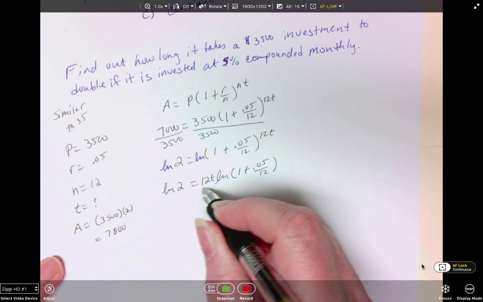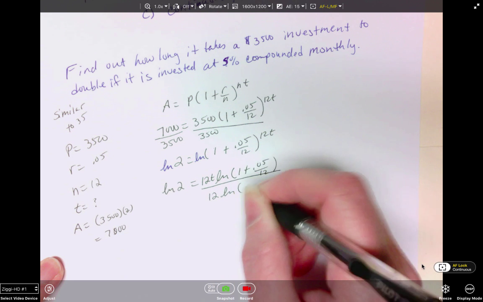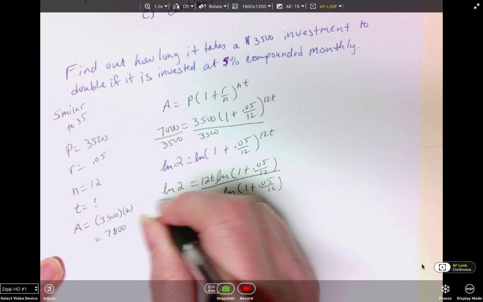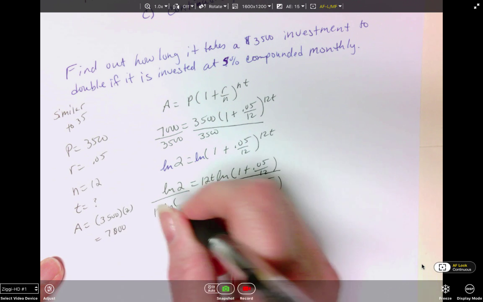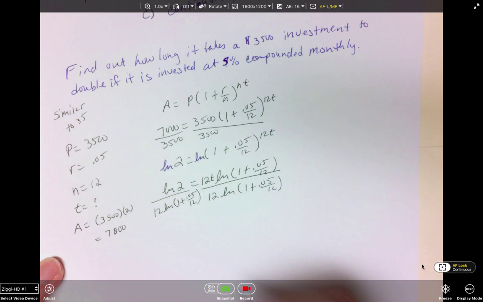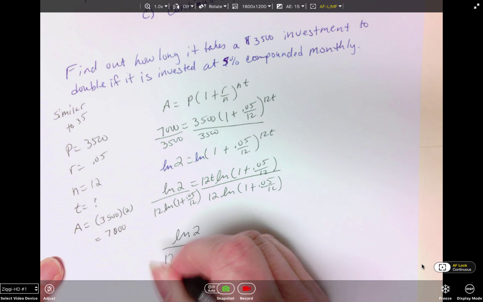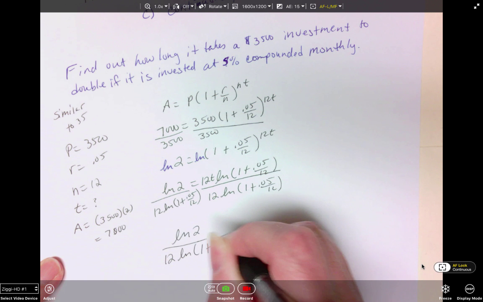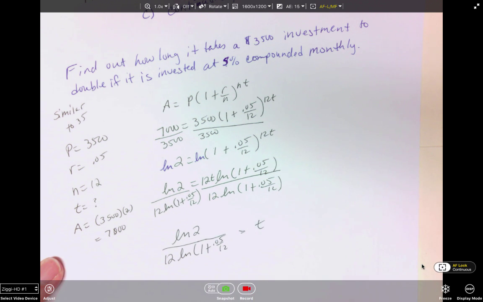So if we divide this side by 12 ln of 1 plus 0.05 divided by 12, and we do this to both sides, we find that the natural log of 2 divided by 12 times the natural log of 1 plus 0.05 divided by 12 is equal to t.